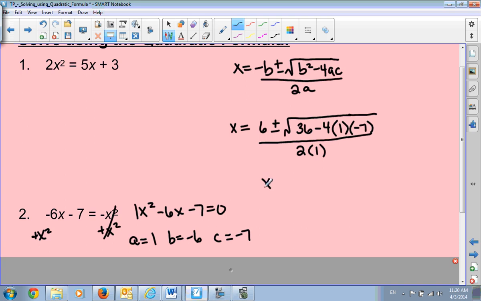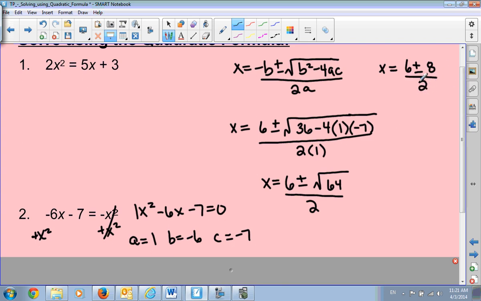Alright, so we have x equals 6 plus or minus the square root of 64 over, what is 2 times 1? 2. Okay. So this is where we are going to square root the 64. So x is equal to 6 plus or minus 8 divided by 2.